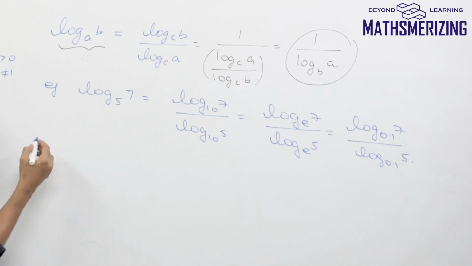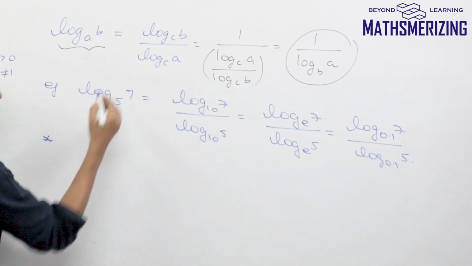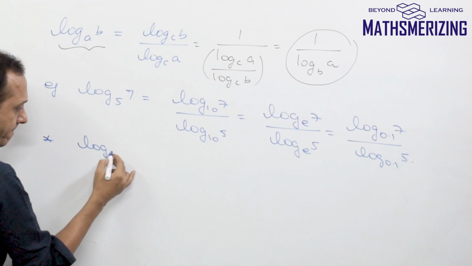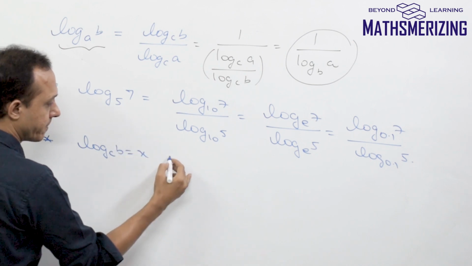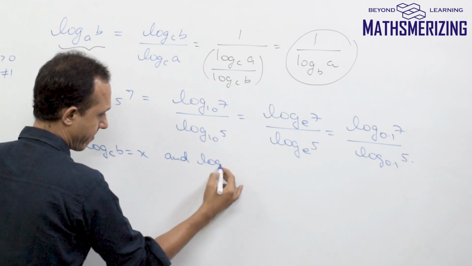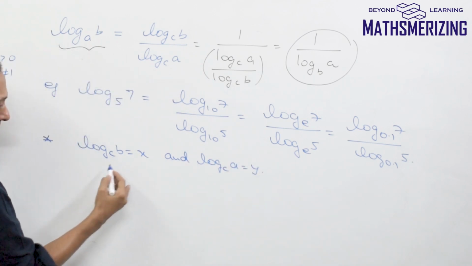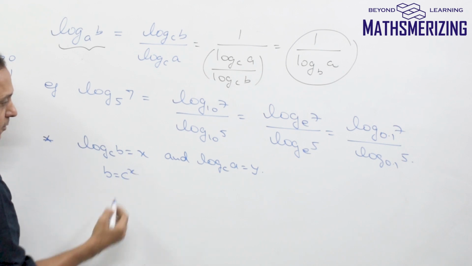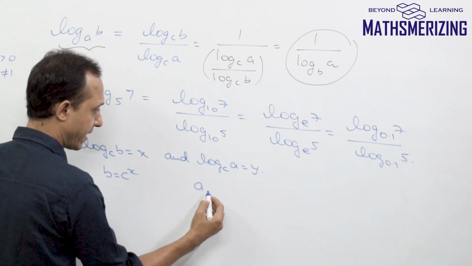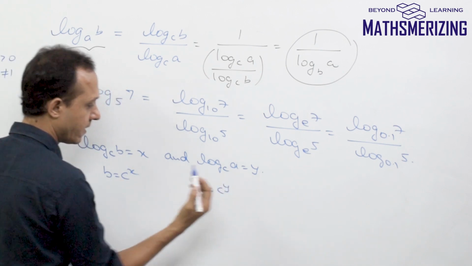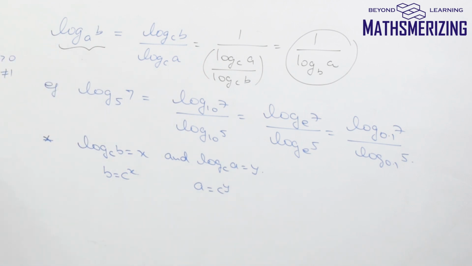So what I'll do is, I'll let log b base c be some x and log a base c be some y. Now I can write this b as c to the power x, and I can write this a as c to the power y, right?